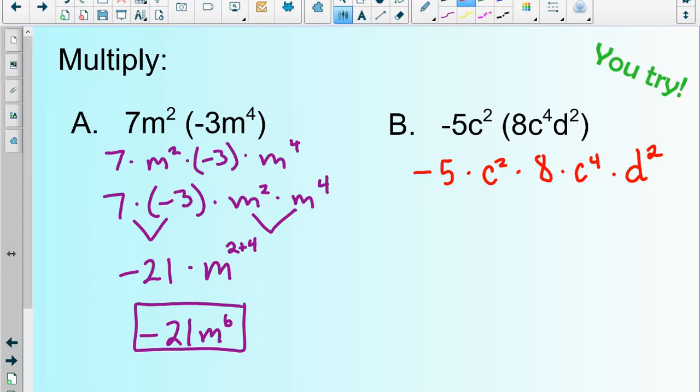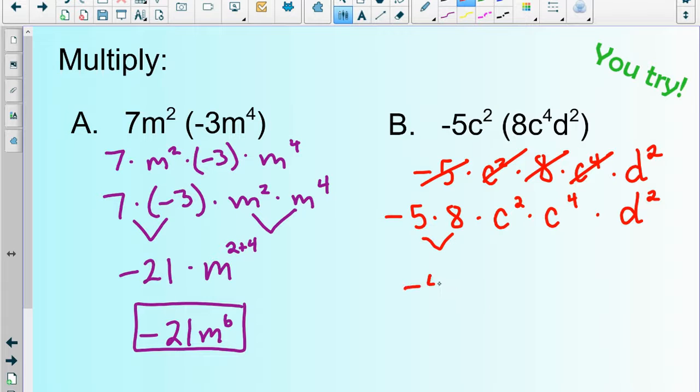So one way we can do this is just literally break everything into parts. The coefficients are separate factors, you've got each variable as its own factor, and we're just going to regroup. So we have the negative 5 times the 8. That's your coefficients. Then we've got our different powers of c. So c squared times c to the 4th power. And then we just have the d squared at the end.